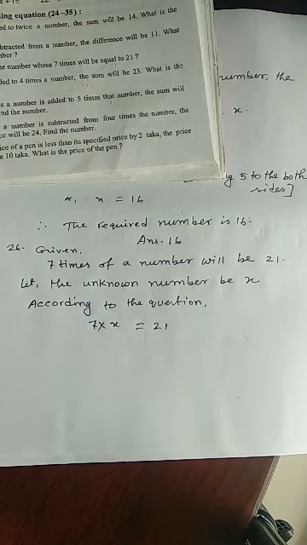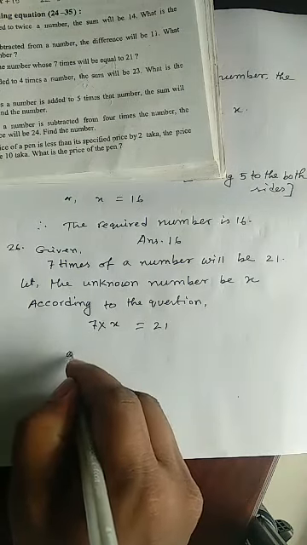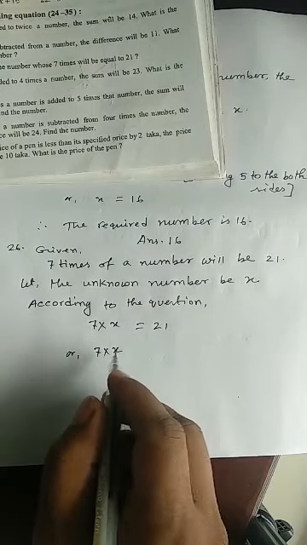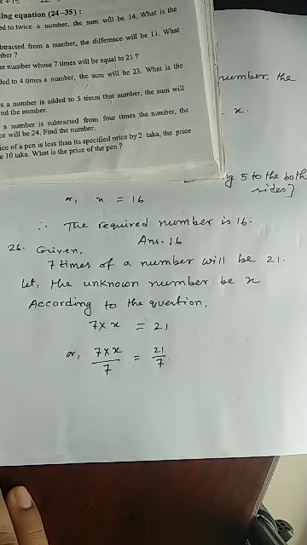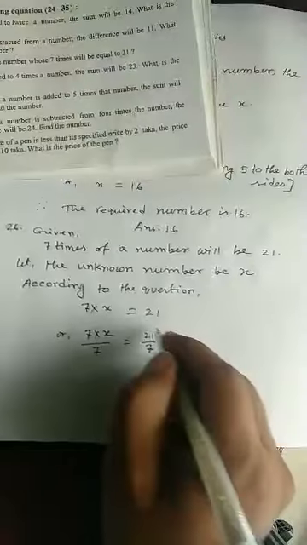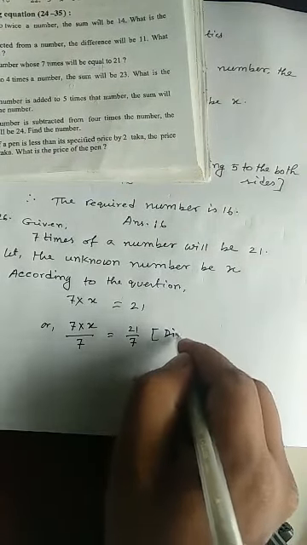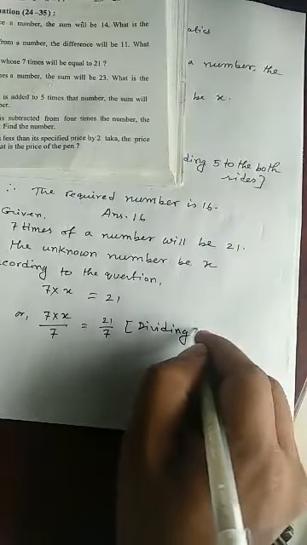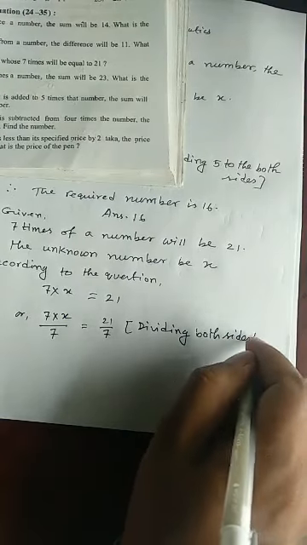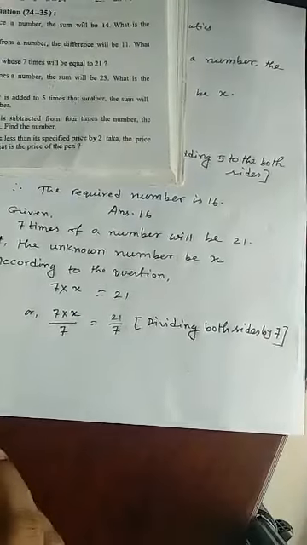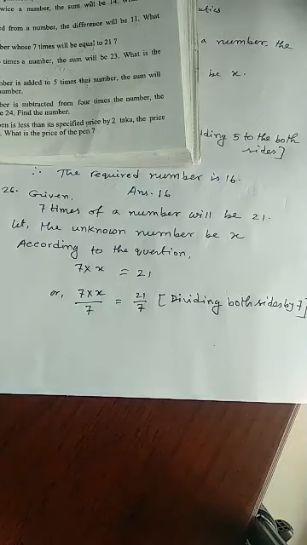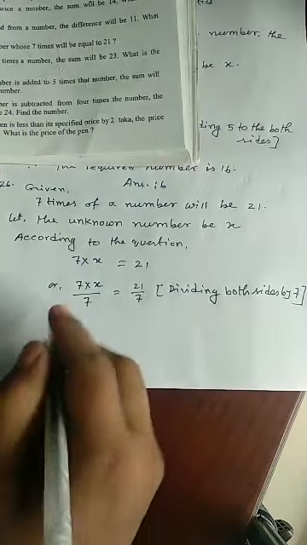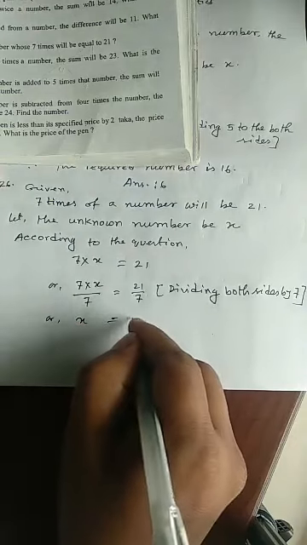Okay, 7 into x equals 21, or dividing both sides by 7, or x equals 3.